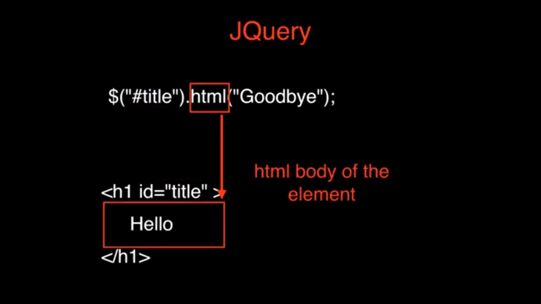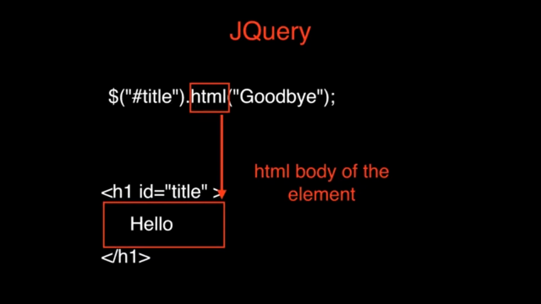Then we're calling a function, html. Now this is like we saw in the last video. We're calling a function on an object. In the last video, we had the name of the object, console. In this case, the object is actually what the function is returning to us. So that function, hash title, gives us an object which represents the HTML tag.